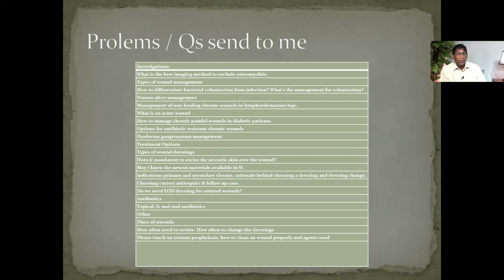When there is venous insufficiency or eczema or evidence of betadine allergy, I just use the hypertonic saline as well as acetic acid. Types of wound dressings already discussed.